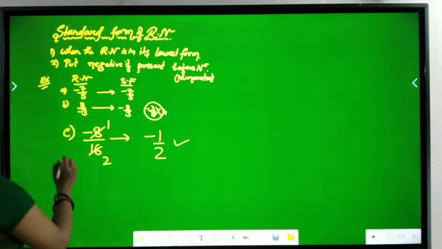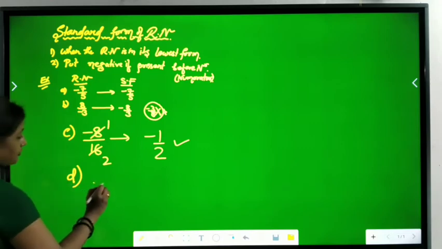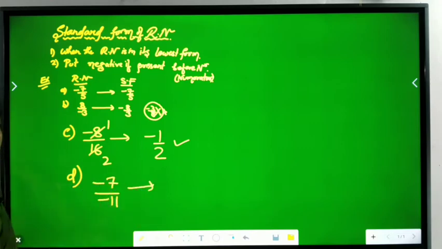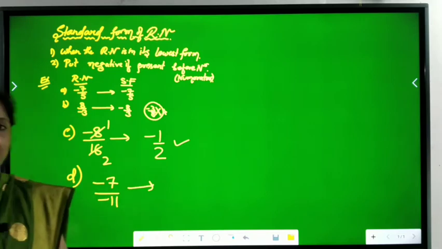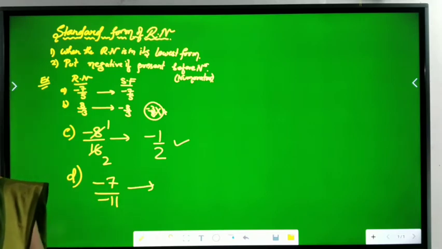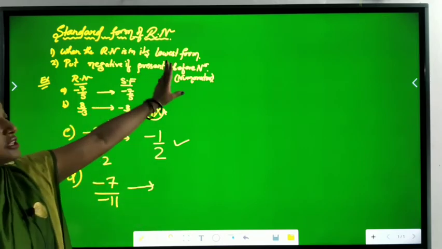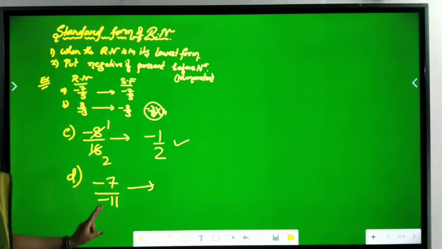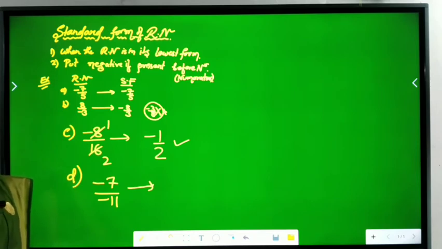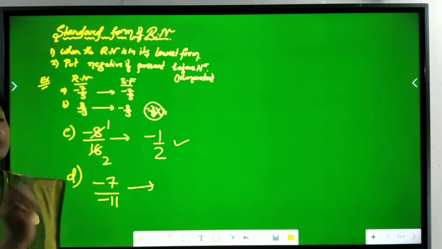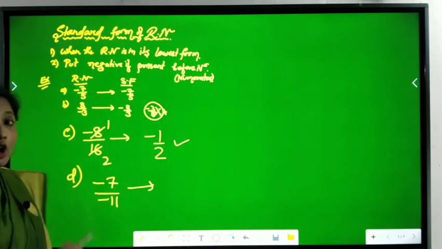Okay, good. Now once again, just look at here. If the question is like this, minus 7 by minus 11, now you have to change it into standard form. So first criteria, we will see whether it is lowest form or not. Yes, 7 by 11, definitely it is in lowest form because we are not going to get any number common between these two numbers. Next, the second criteria, whether negative sign is present before numerator or not.